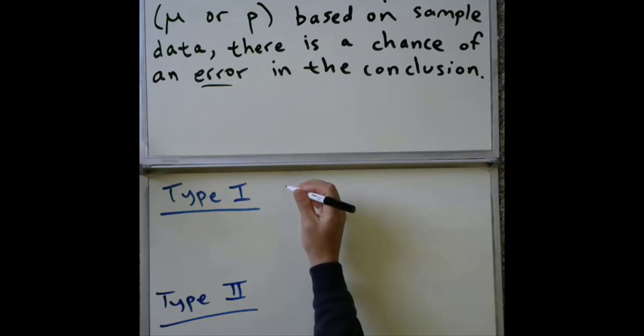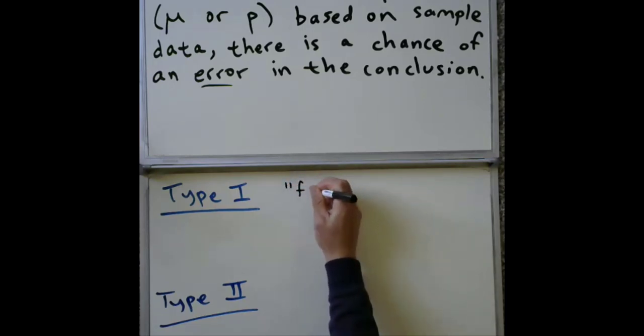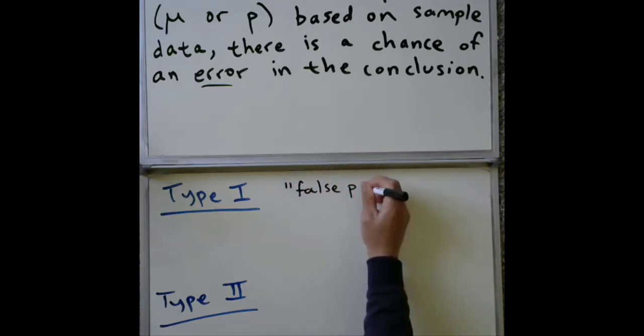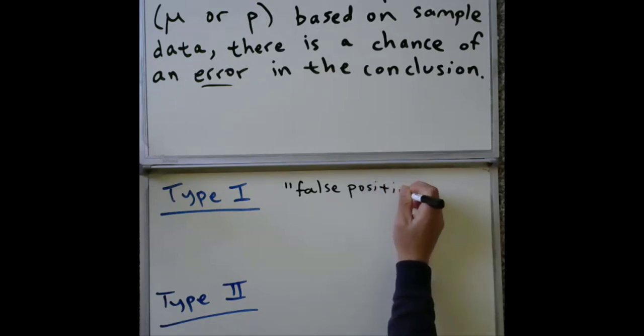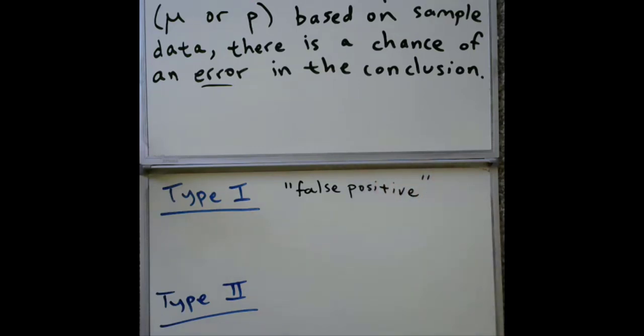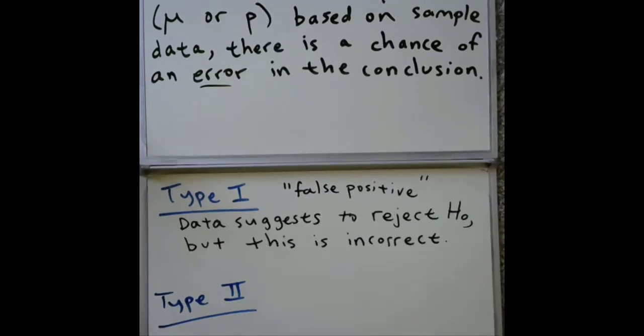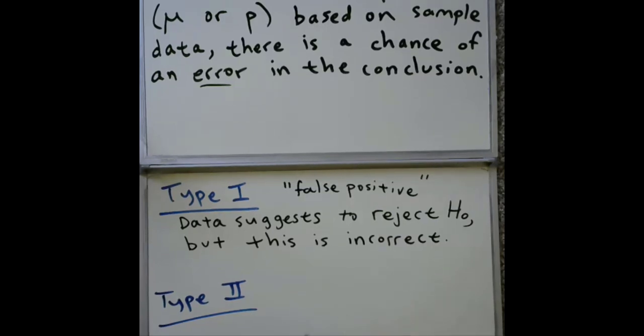A type 1 error is like a false positive. This is possible when we reject the null hypothesis, but we should not have. So the data suggests to reject the null hypothesis, but this is incorrect.